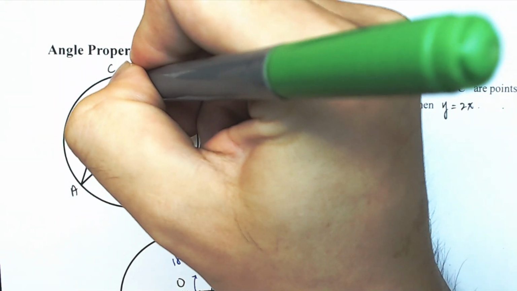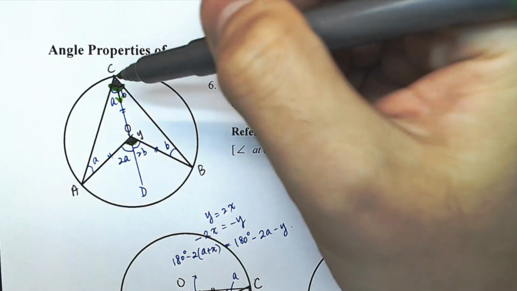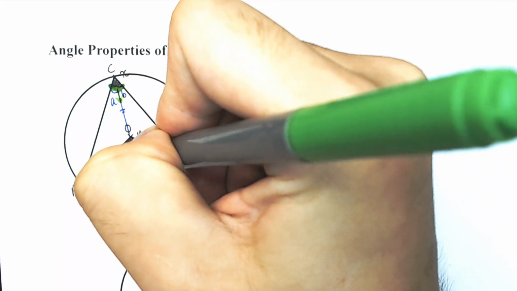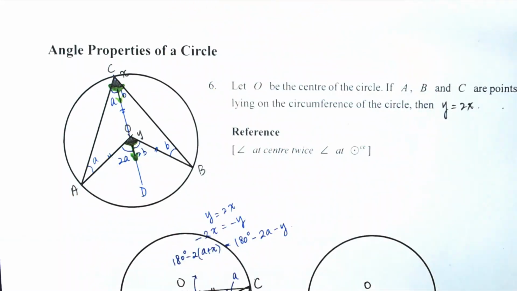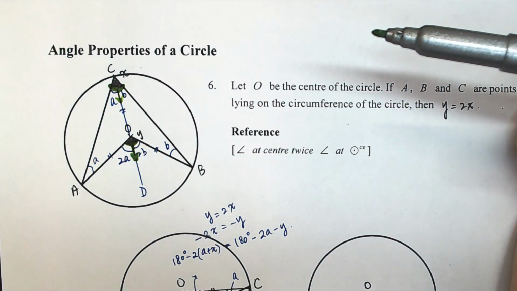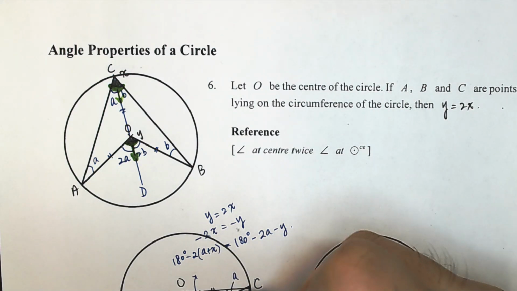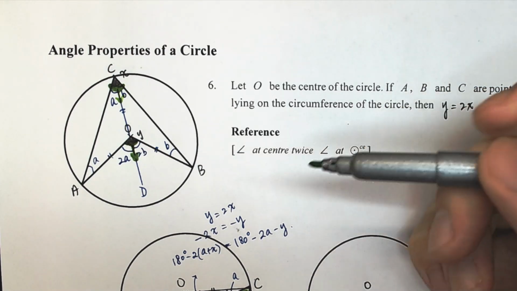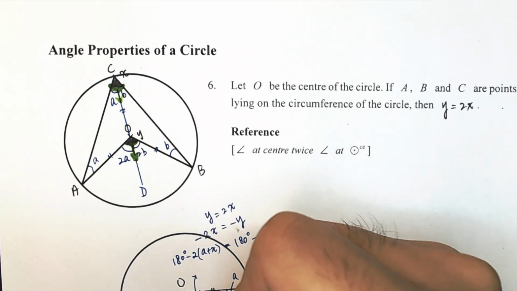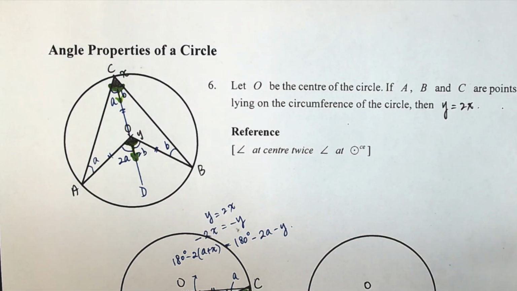This arc is pointing in this direction, and the angle at the circumference would follow the same direction here. So as this one, when we consider the angle x here, it is pointing in this direction, and the angle y is pointing in the same direction.